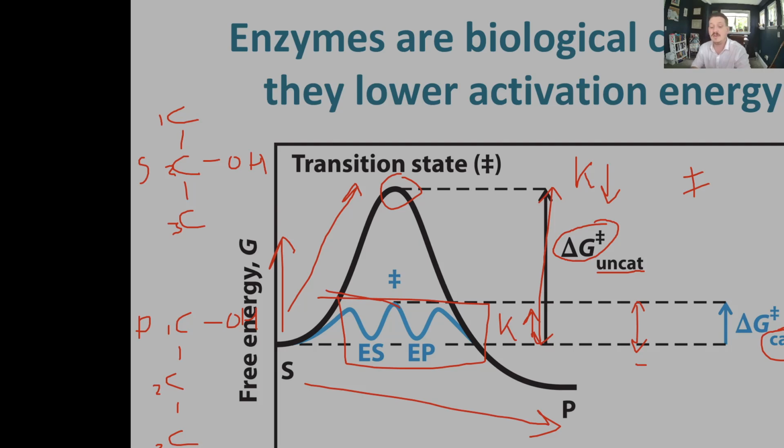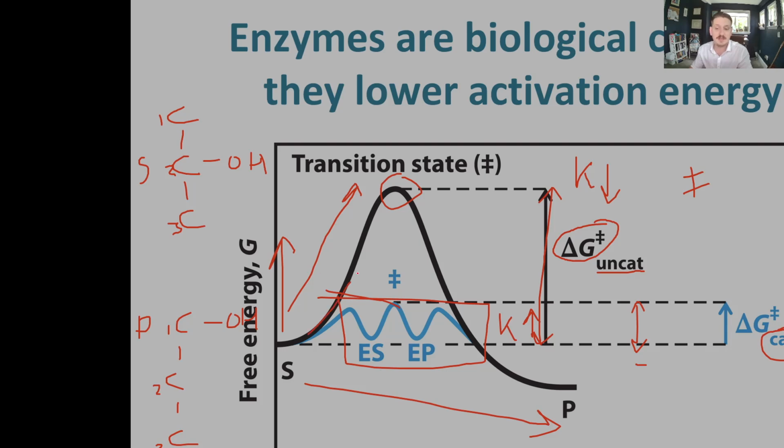Now it could be that there isn't an alternative transition state, but rather the enzyme has the same transition state, but because you have a magnesium ion present, the charge from this magnesium ion may stabilize this transition state.